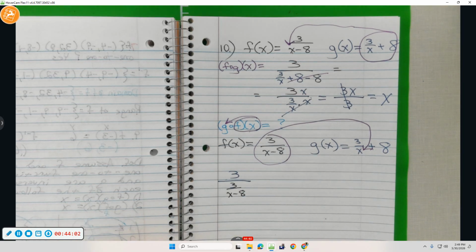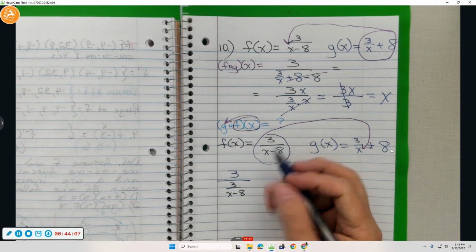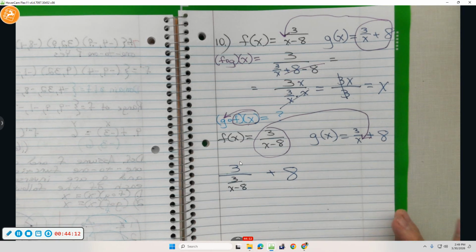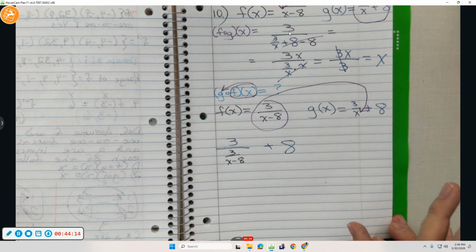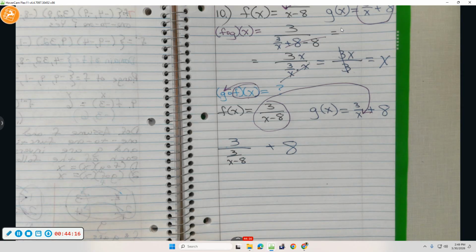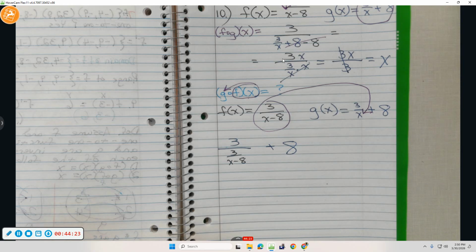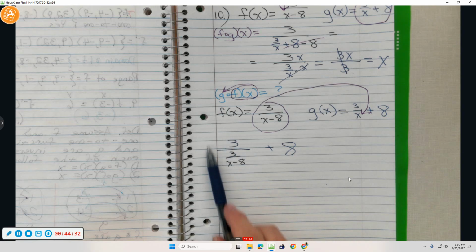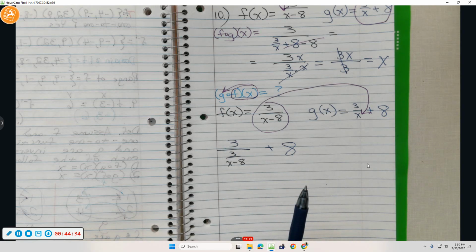And we still have what else? That plus 8 that's stuck on the side. See, you can't just cancel the 3s. You couldn't just immediately cancel the 3 right here, because you'd have nothing over x remaining. You've got to do that multiplying first. Let's look. We have a compound fraction here. What's my minor denominator? Be careful.